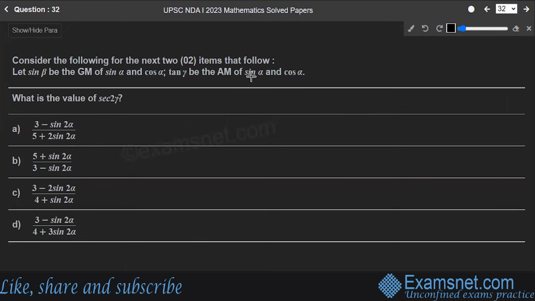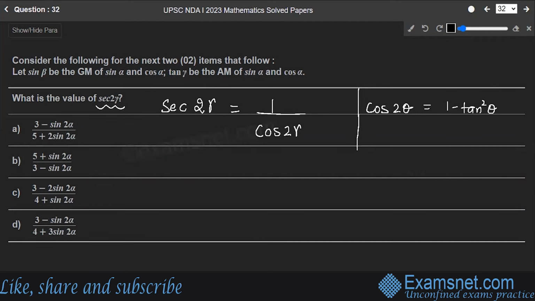Next, you have to find out the value of secant 2 gamma. Same statement is there. So secant 2 gamma is equal to 1 upon cos 2 gamma. You know one thing, cos 2 theta is equal to 1 minus tan square theta upon 1 plus tan square theta.